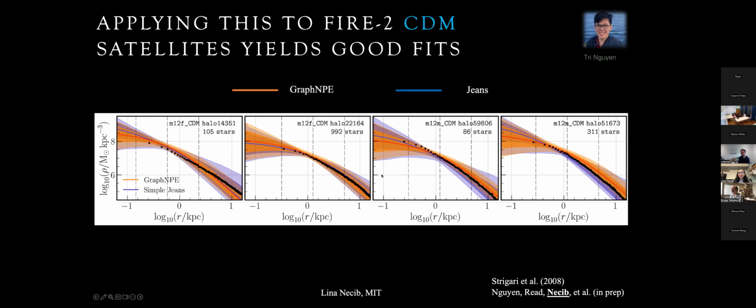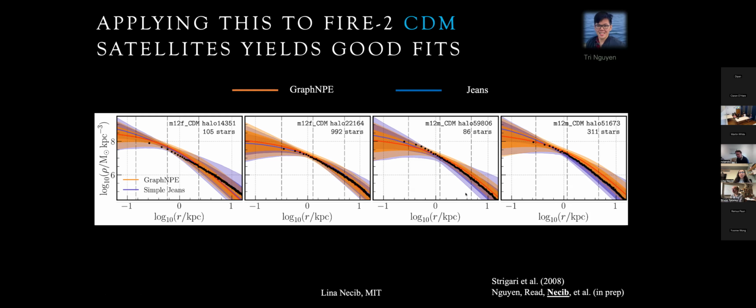And we can do this for galaxies that have somewhat few stars, like 86 stars here, and it still does pretty well. The posterior profile that we recover is quite good. It's a lot more constraining than the genes analysis in some cases, especially when you lose statistics. This is not assuming anything about observational errors.